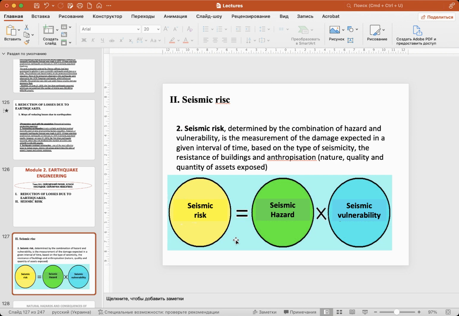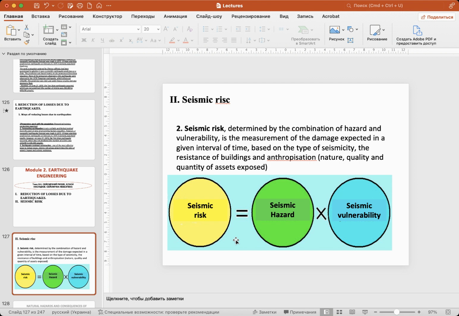So, what is seismic risk? Seismic risk is a result of multiplying two parameters. First is seismic hazard, and the second is seismic vulnerability.